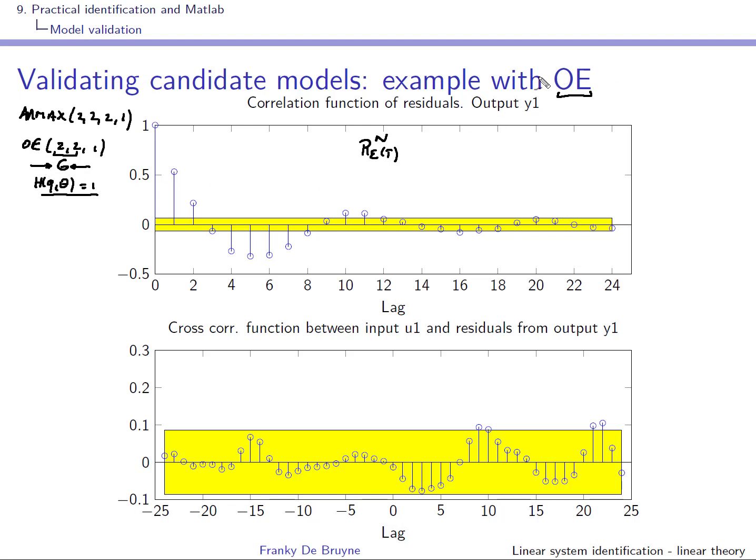So you're going to look at the second correlogram over here, and you're going to discard this correlogram. And indeed, you see that in this correlogram, where you see the cross-correlation function between input and residuals, for almost all lags you stay in the confidence interval, so this means that you can validate the input-output transfer function that has been identified.